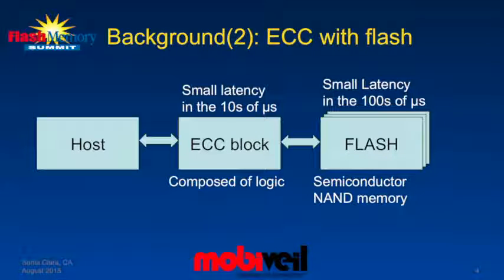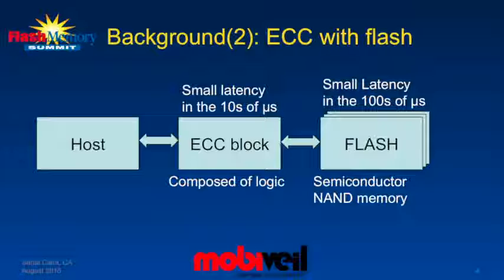Then we enter in with flash, and now the ECC block has basically the same performance in terms of throughput, but it's not correcting 4 bits, it's correcting 60 bits. And instead of getting used every once in a while, it's being pounded by many banks of flash, bringing data through it all the time.